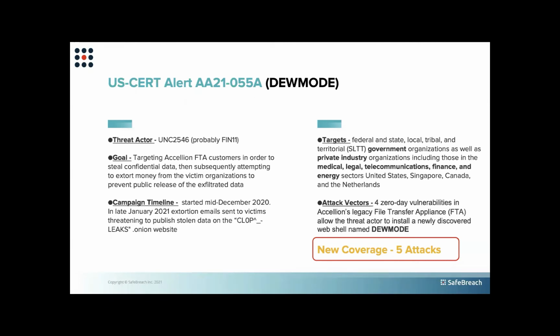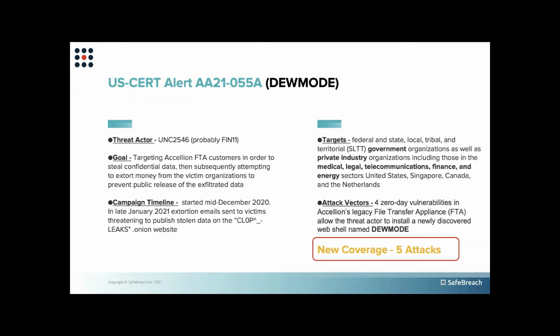The second US CERT alert, also in February, was by an unknown threat actor, that's the UNC, but it's probably FIN11, which has a different goal. It's not intelligence gathering. It's more about stealing money and extorting money out of victims' organizations.